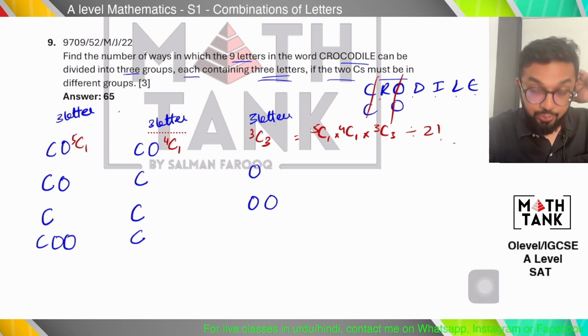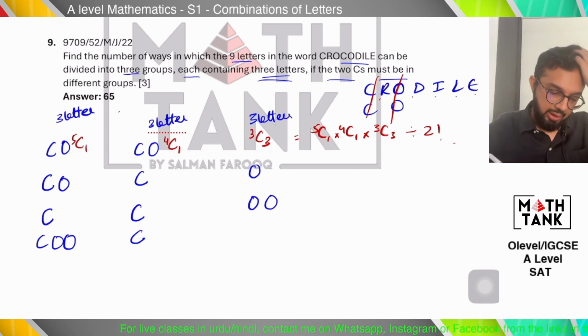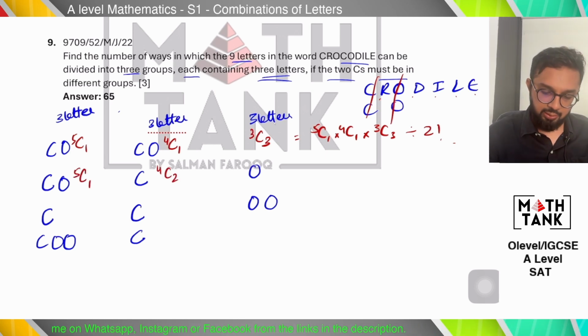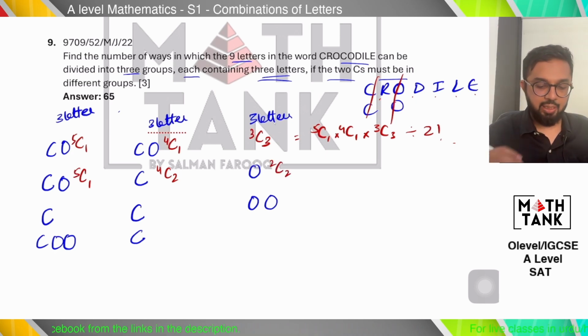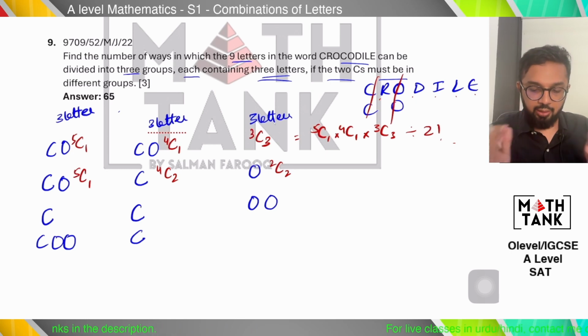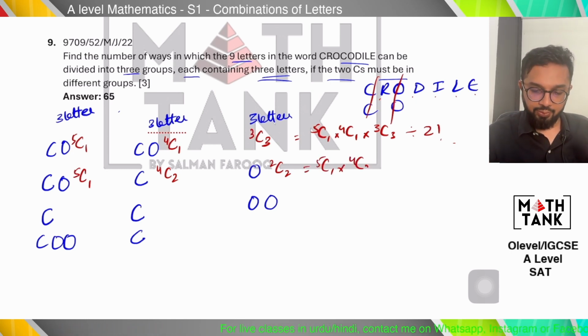Because those groups will be identical. Okay, then I do 5C1 here, I do 4C2 here, and I do 2C2 here. Now, none of these groups will be identical because one is with a CO, then with a C, and then with an O. So I'm going to say 5C1, 4C2, and 2C2 divided by nothing.